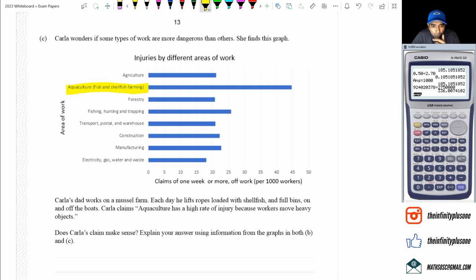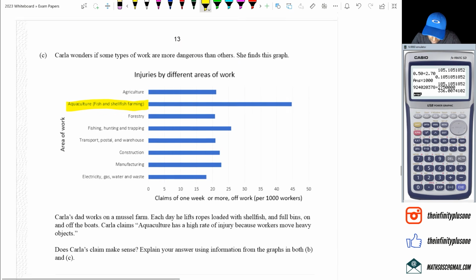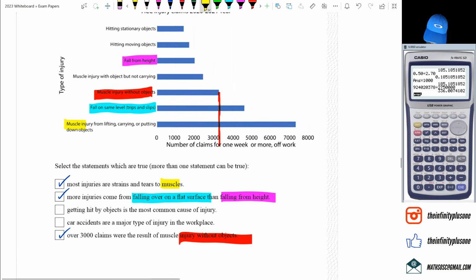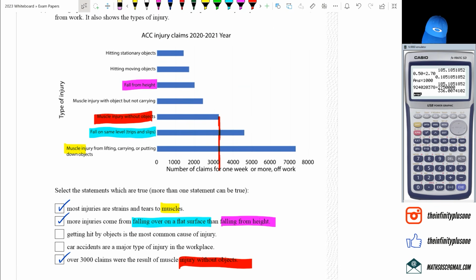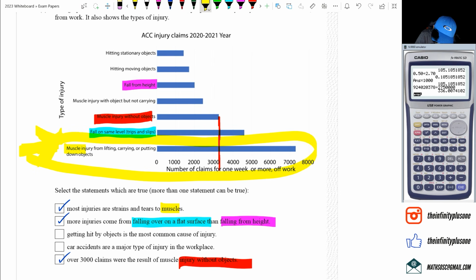Now the next thing that we can compare is we can go back to the previous graph and have a look at which one has a high rate of injury. Now it says because workers move heavy objects. So if we go to the previous one, I'm looking at this one here. We're looking at this part right here, muscle injury from lifting, carrying, or putting down objects.